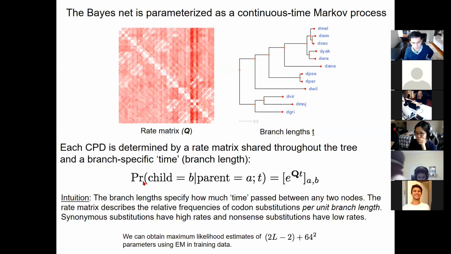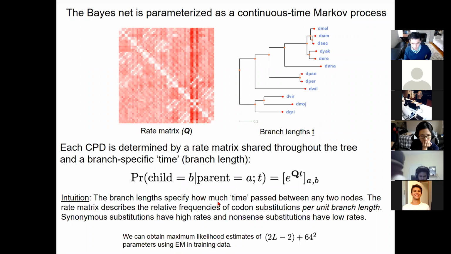So we're going to have the probability that the child has value B, given that the parent has value A and that time T has elapsed, as basically a matrix that is raised to the power T. So this is just a rate matrix for an infinitesimally small time, which you can then scale to the tree of the whole branch.